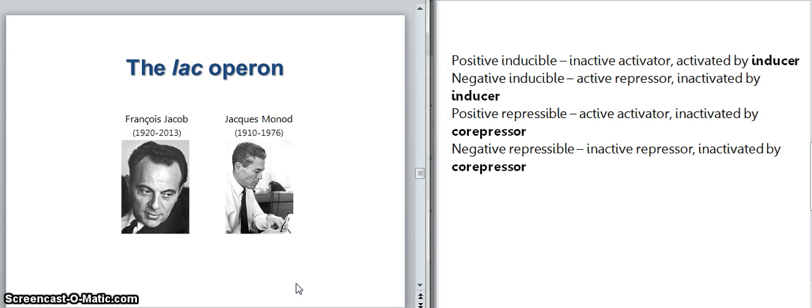The reason it was so significant is twofold. First, it gave us an idea for the first time of how genes are organized in bacteria. We didn't know this. And second, it elucidated our understanding of how these genes are regulated. And it's actually pretty elegant, I think.